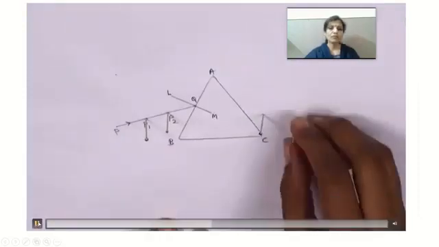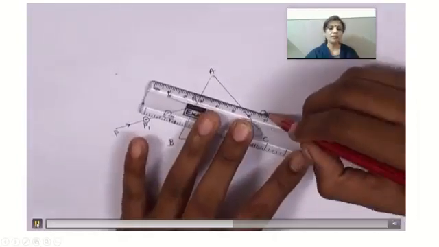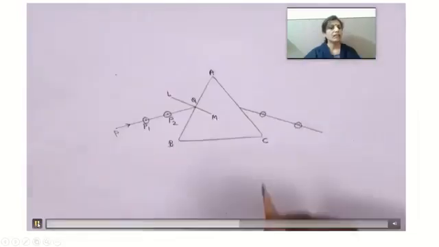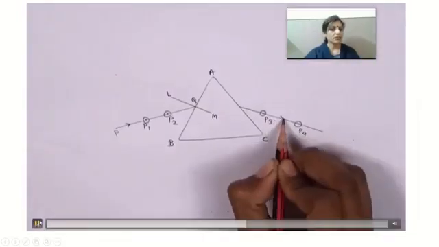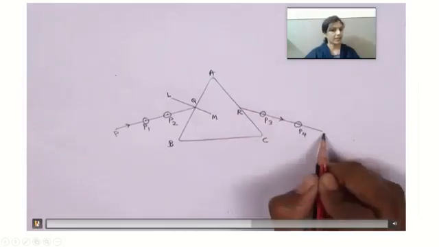Then we will remove the prism, and we will draw a line through P3 and P4 which will join the side AC. Then on side AC we will draw another normal and we will name that normal XY.